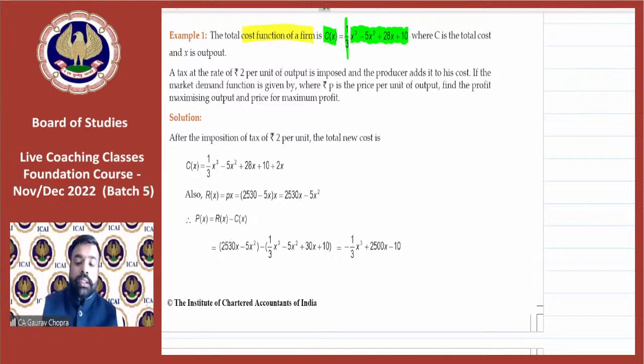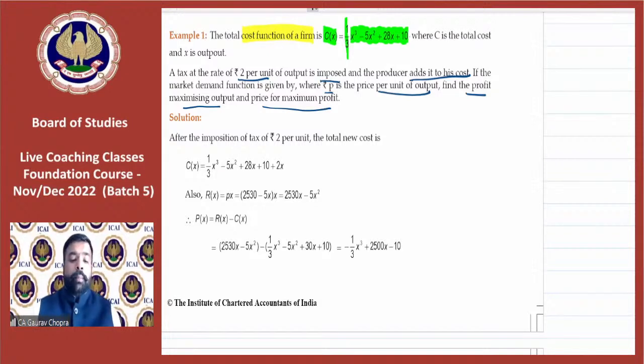Now the question is adding some more details. A tax at the rate of ₹2 per unit of output is imposed, and the producer adds it to his cost. If the market demand function is given, where ₹P is the price per unit of output, then find the profit maximizing output and price for maximum profit. So these are also required.